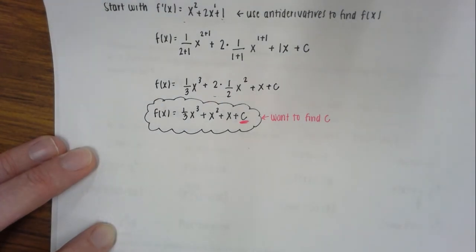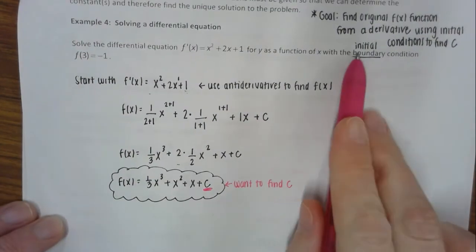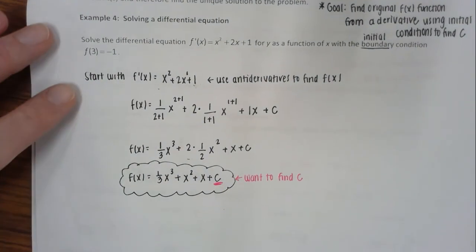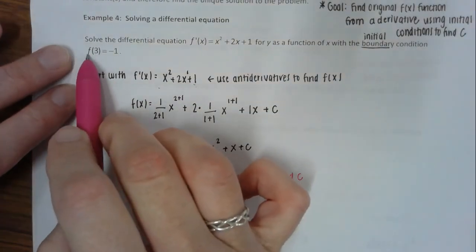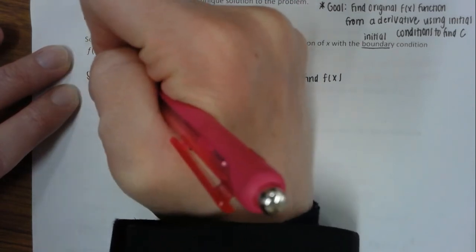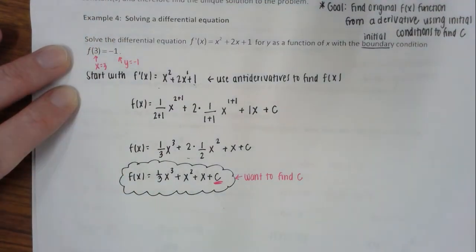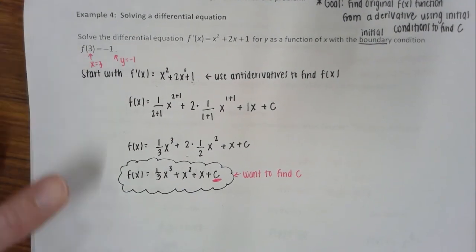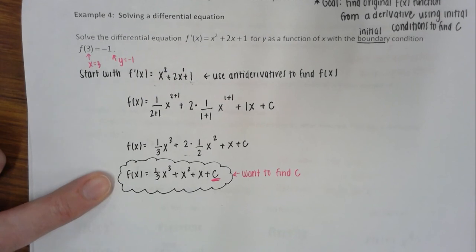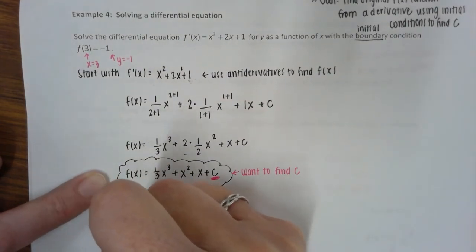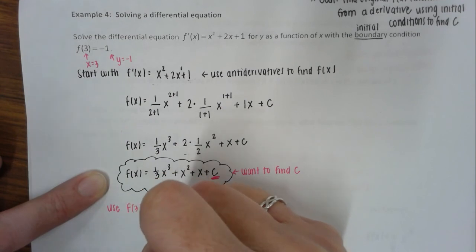And in order to do that, I want to use my initial condition saying that f of 3 is equal to -1, which really tells me that in my original f of x function, when the x value is 3, the y value is -1. So what I can do with this information is, now that I know what my original f of x function was, I want to use f of 3 is equal to -1 to find c.